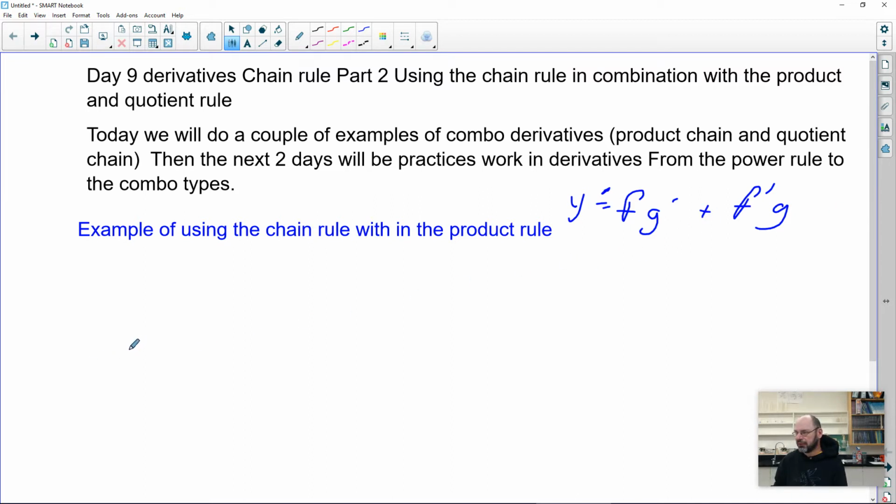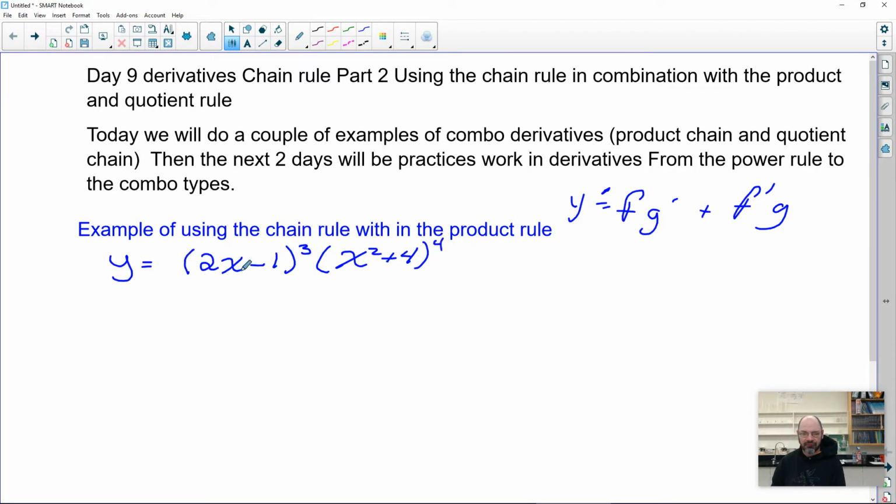Let's say that my example is y equals, let's put a binomial in here, 2x minus 1 cubed, and let's do another binomial, x squared plus 4 to the power of 4.